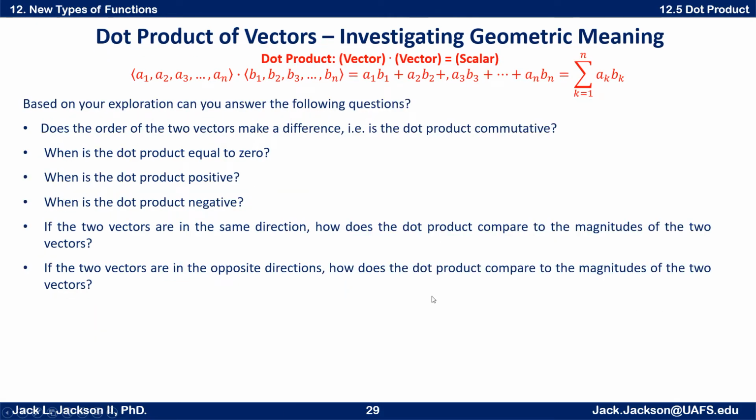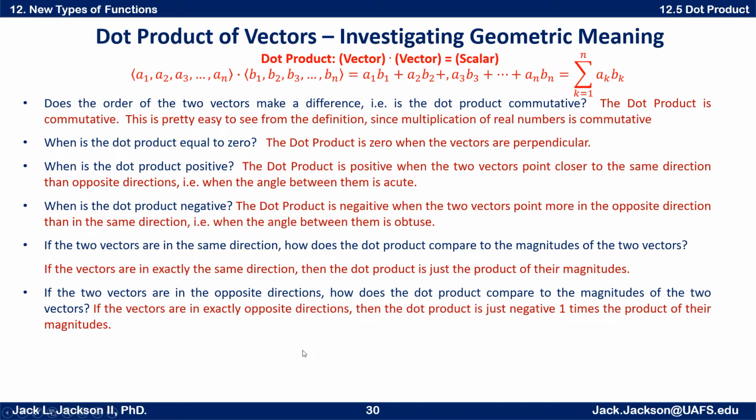So again, let's see if we can answer some of these questions now. So first of all, the dot product is commutative. And it's pretty easy to see. If you switch the order of these two vectors, then this dot product is b1a1 plus b2a2 plus b3a3 and so forth.